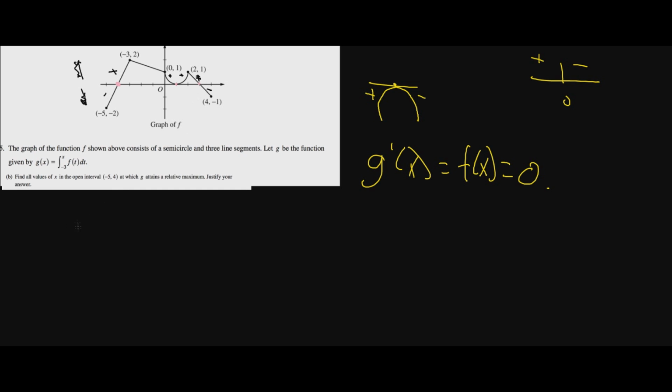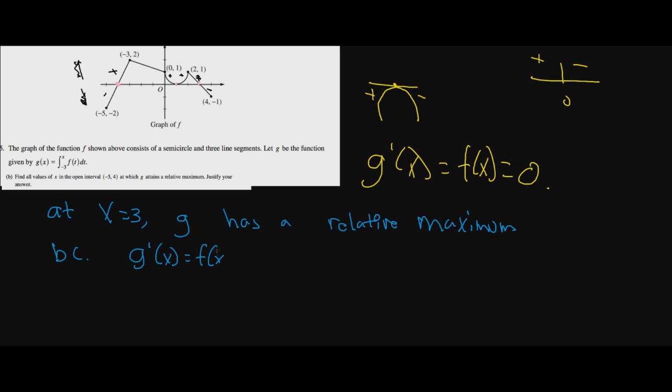So, at x equals 3, g has a relative maximum because g prime of x equals f of x.